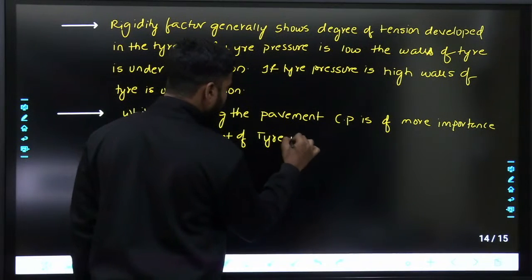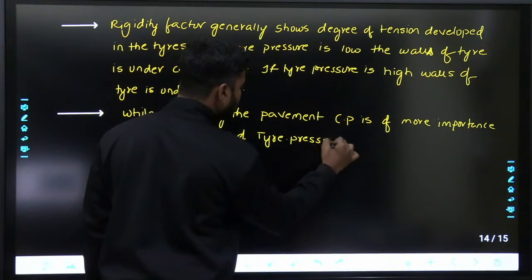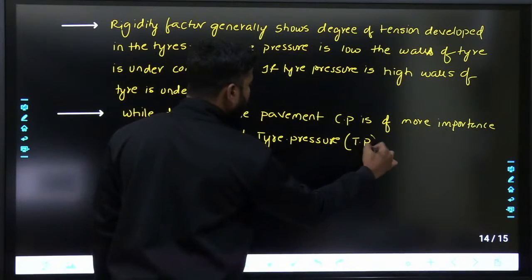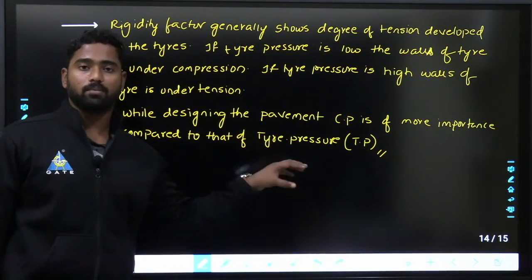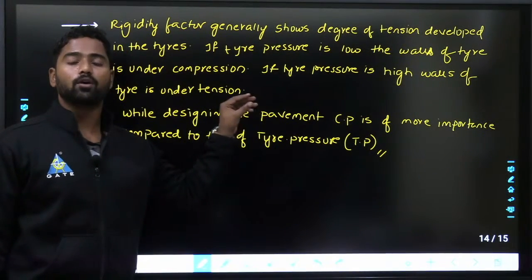That means the thickness of the pavement is independent of tire pressure. It is dependent only on the contact pressure.